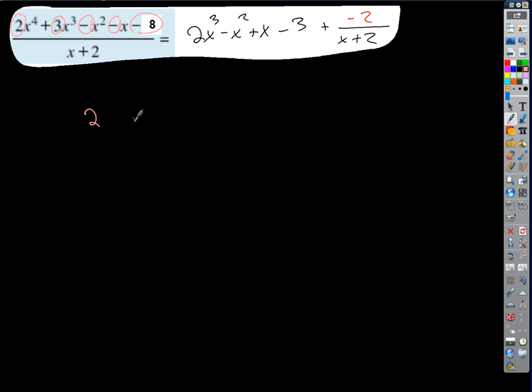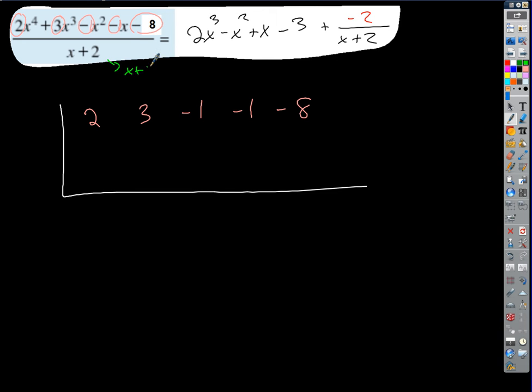So I've got 2, 3, negative 1, negative 1, negative 8. I'll make a bracket. And the number I'm going to put out in front of the bracket is the 0 of the denominator. So what's the 0 of the denominator? If I set x plus 2 equal to 0, what's the solution? Negative 2. So that's the value of x that makes the bottom 0, right?